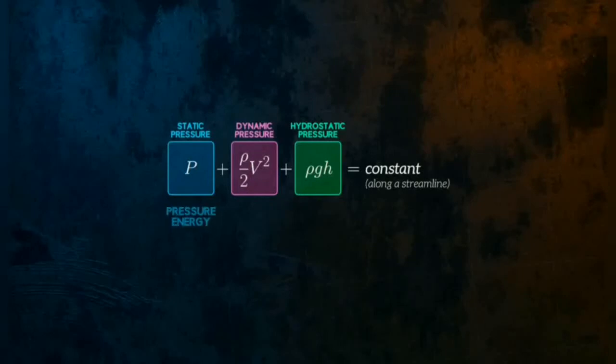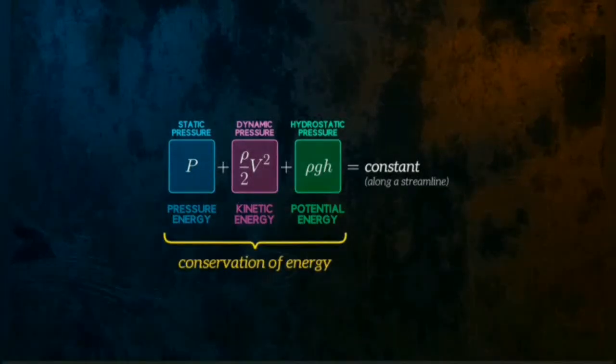It says that along a streamlined flow, the sum of the pressure energy, kinetic energy, and the potential energy remains constant. This is really valuable information that can help us analyze a whole range of fluid-related problems. The equation does have a few limitations, which I will cover in the episode. But for now, the important thing to note is that it can only be applied when the flow is streamlined.